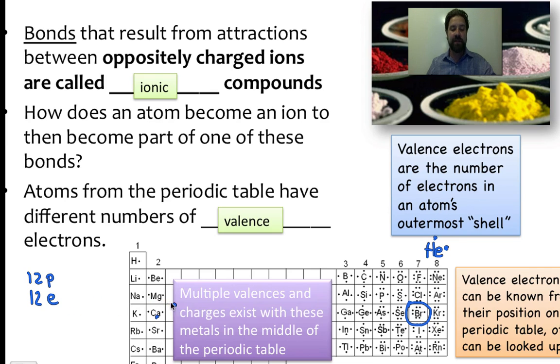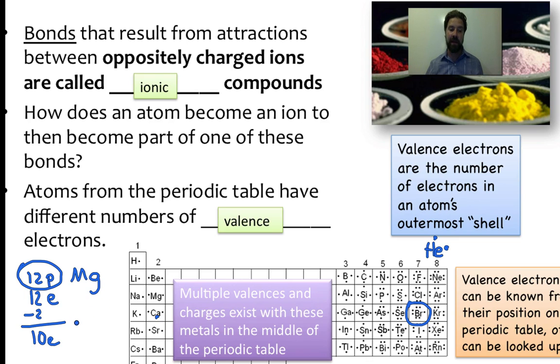So if I lose 2 electrons to be like neon, then I have 12 minus 2, and that gives me 10 electrons, which is, of course, neon's atomic number, and I'd be like neon in terms of my electrons. However, I am still going to be magnesium because what really matters is my number of protons. 12 protons is always magnesium, regardless of the number of electrons I have.